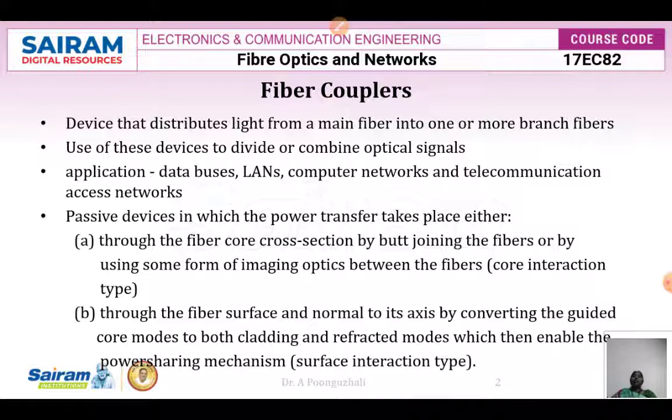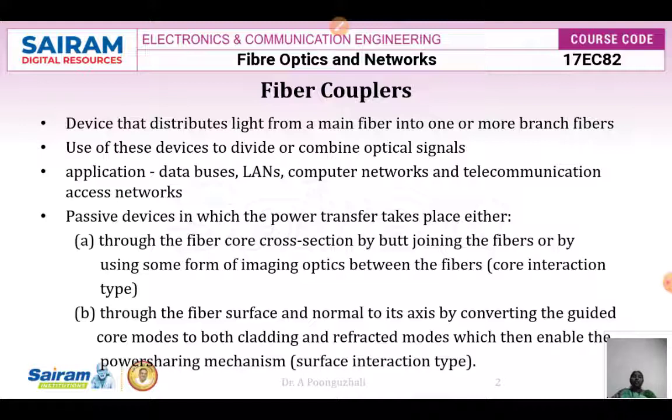The second way the power transfer can take place is through the fiber surface. When the optical power is transferred through the fiber surface, that is normal to its axis, so that the guided modes are going to be converted. They are going to be propagated in both the cladding, and the refracted modes are going to be enabled.